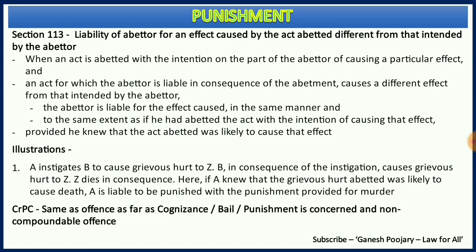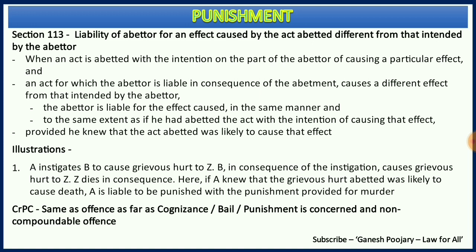The only exception is here the person who is abetting should know that the act abetted was likely to cause that particular effect. That is the only exception. If he is not aware, then he can ask for exception. If he is aware that it is going to happen, in that case he cannot escape from this particular section. I hope that is very clear.